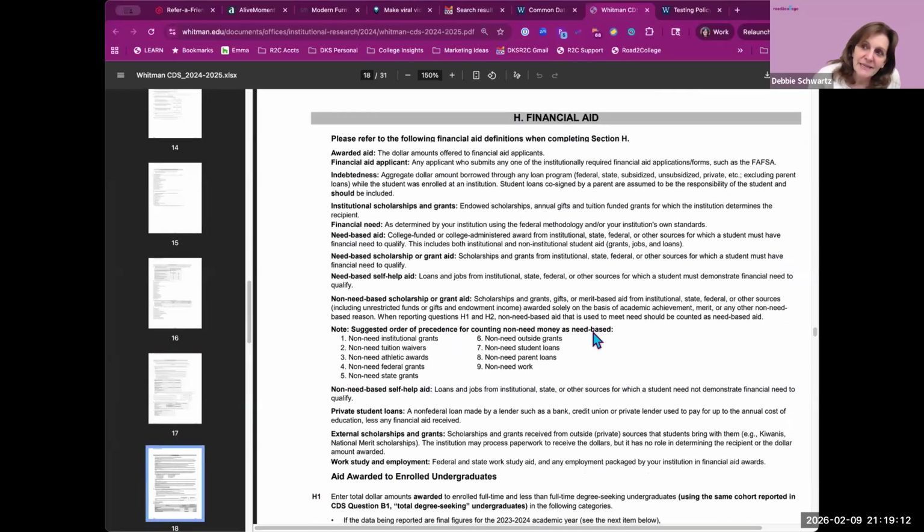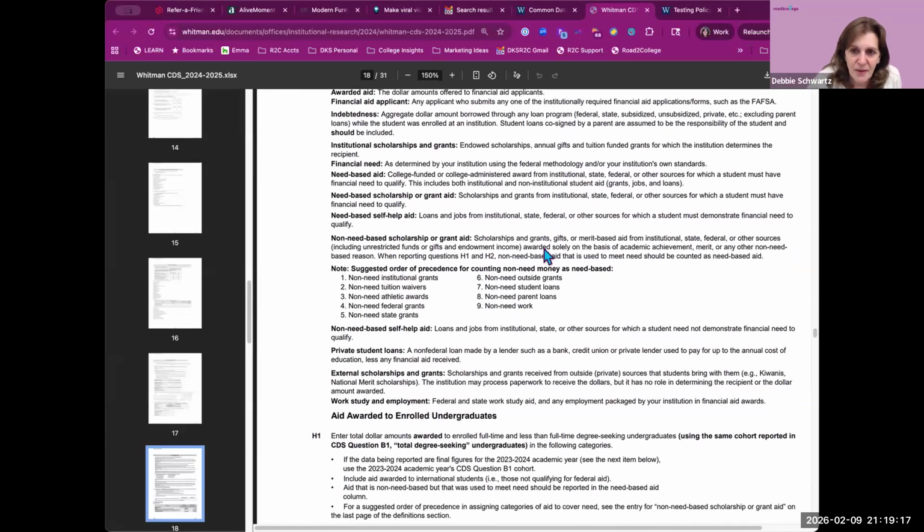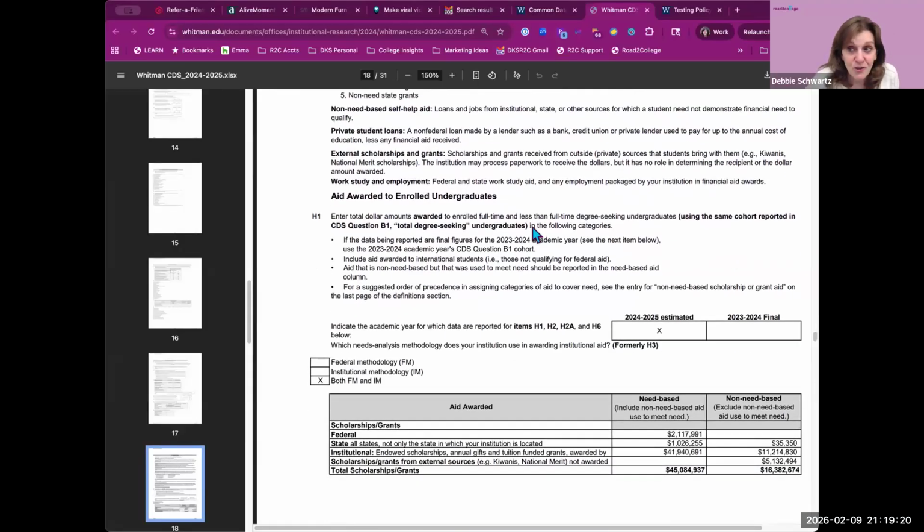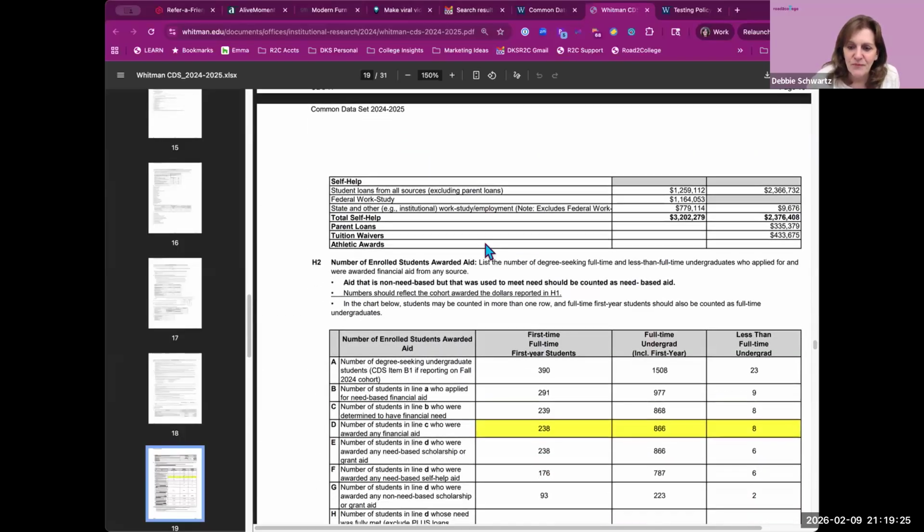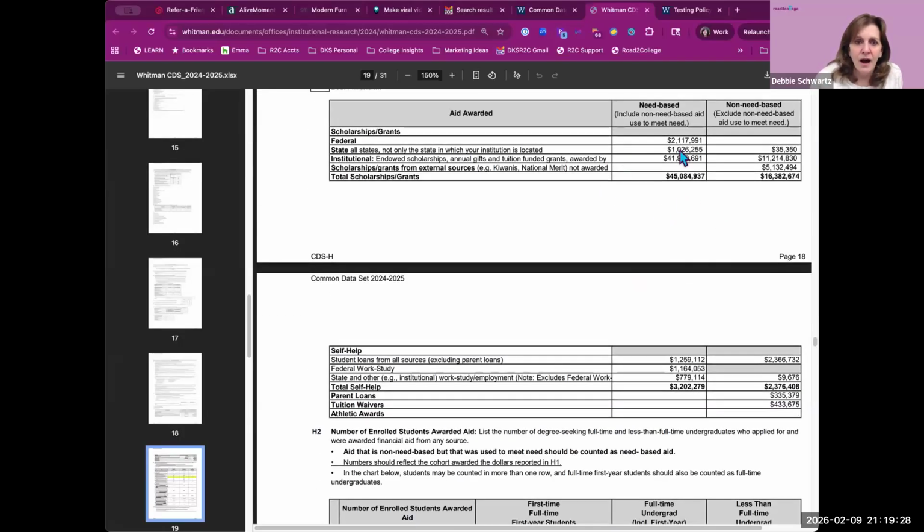Okay, the next section is section H. This is the money section. This is what talks about financial aid and merit scholarships and, from a percentage standpoint, who's getting it. These are total numbers of how much federal aid Whitman is giving out, how much state aid they're giving out, how much institutional aid. This $41 million. Institutional aid means money that is Whitman's money that they are giving; it could be for need-based aid and it could be for merit scholarships.